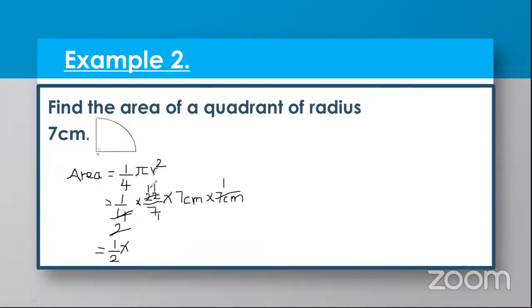Times 11. How about here? You remain with 7. We shall not write the other one because we cancelled. We divided it with another 7. Otherwise, it has remained 1, isn't it? Yes.